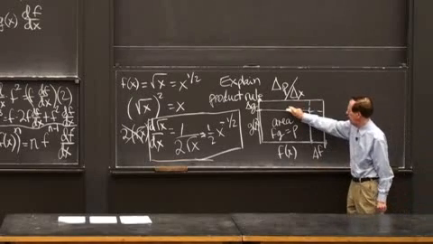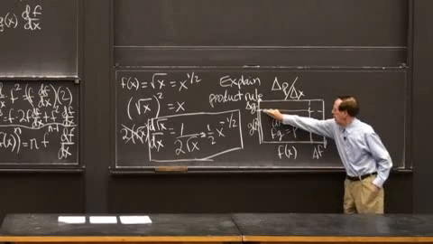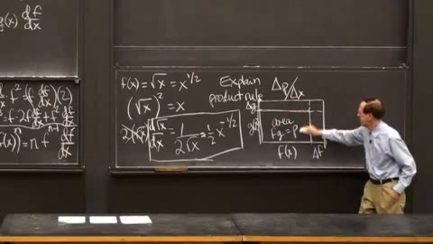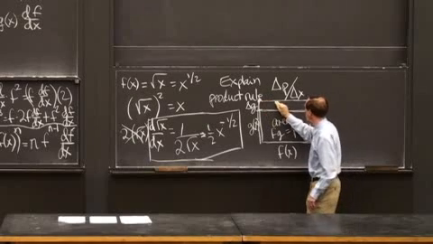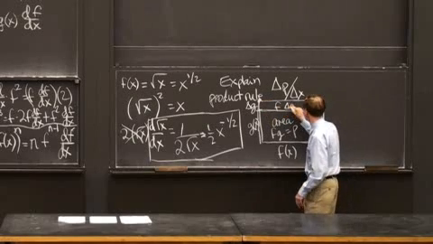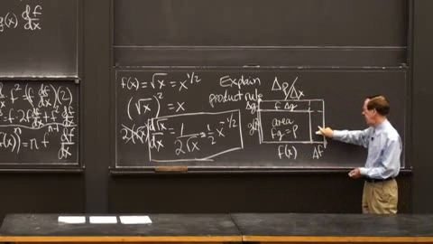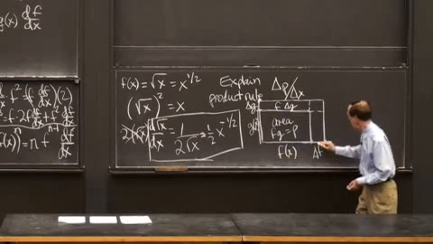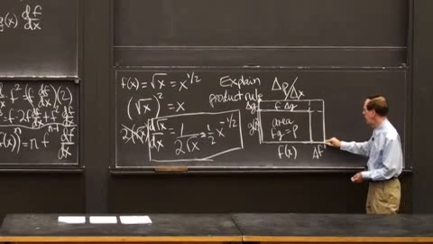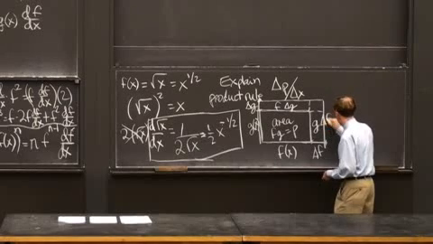So help me out here. What is the area of that rectangle? Well, its base is F, and its height is delta G. So that is F times delta G. What about this one? That has height G and base delta F. So here I'm seeing a G times delta F for that area.